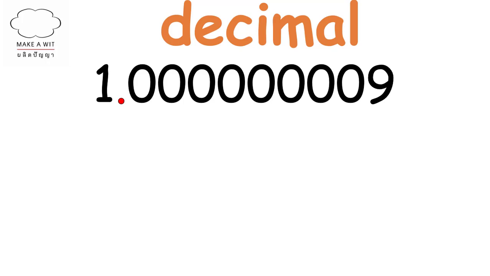Wow, right now you see another number. Look at this number: 1.000000009. Oh my god, how many zeros are there? Let's count it together: 1, 2, 3, 4, 5, 6, 7, 8, and 9.